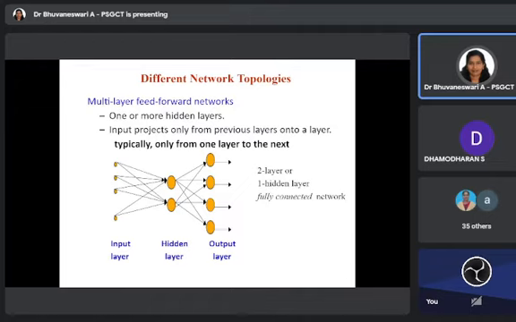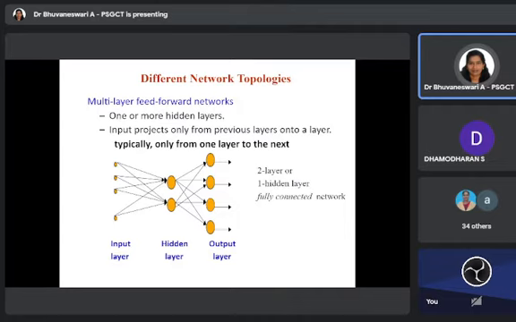The input projects only from the previous layer onto a layer, from one layer to the next. There can be any number of hidden layers in a model, but only one input and one output layer. The middle hidden layers may be any number.